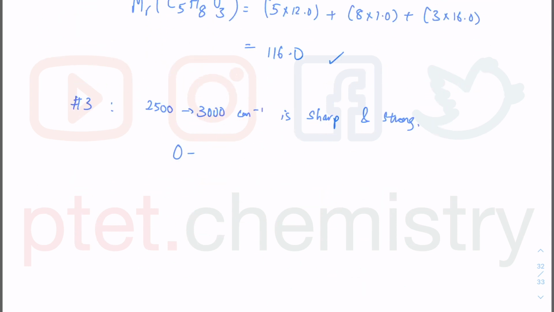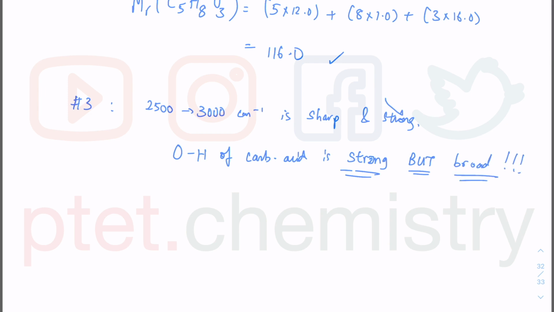So the OH of the carboxylic acid is strong, yes, strong is okay, but very, very broad. If you look in the data booklet, it is broad, not sharp. Since that is wrong, number 3 must be wrong. Don't know why I circled that. I should really just put a cross on it. Therefore, only 1 and 2 are correct. We are looking at option B.